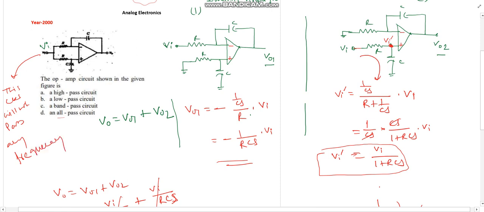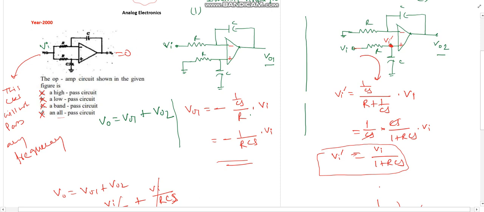So all four options are wrong: a high pass filter, no, it does not pass any frequency; a low pass filter, no; a band pass filter, no; an all pass filter, no. I think all options are wrong, because the output voltage V0 equals 0, so it will not pass any frequency.